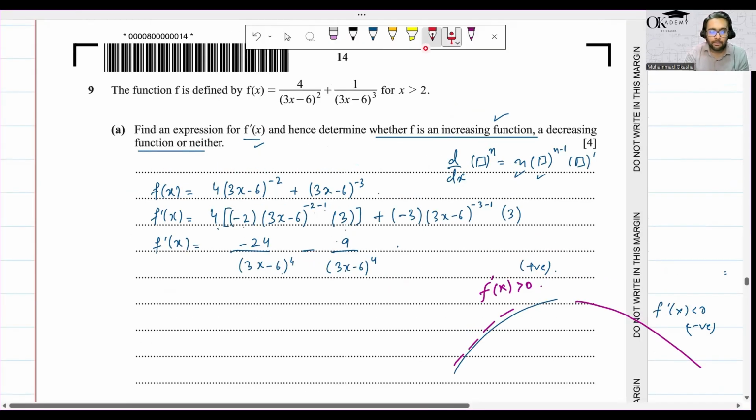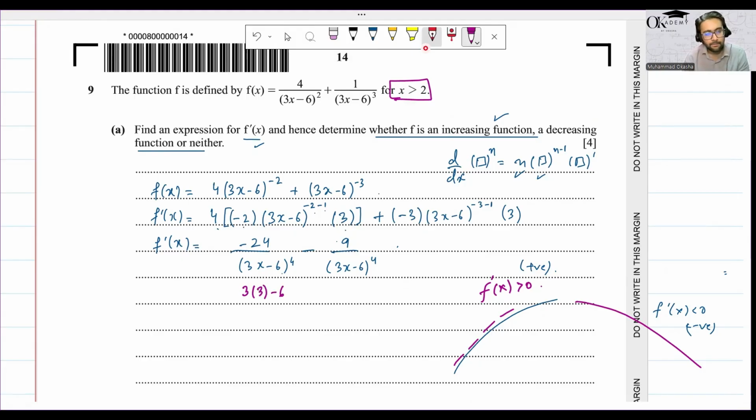Now take a look. If you carefully notice, the domain is x greater than 2, which means whatever values of x we put in have to be greater than 2. So let's say you put in a 3: 9 minus 6 is positive 3.